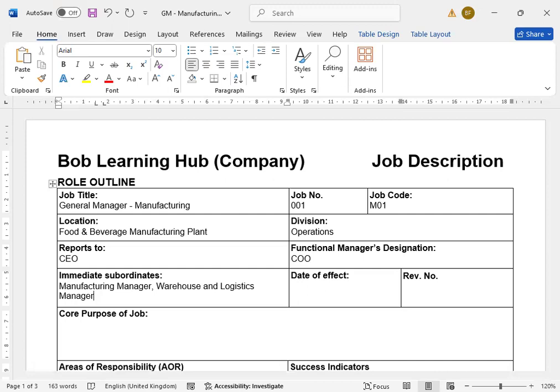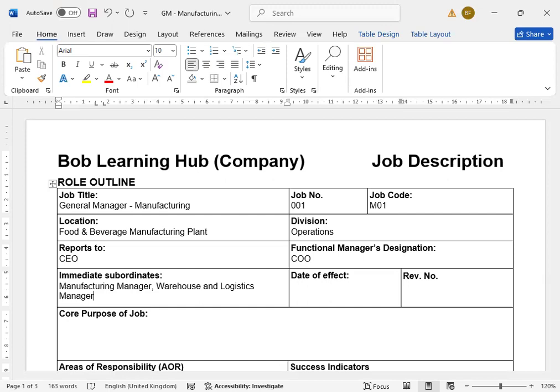So most likely the CEO or the COO will instruct the HR, the human resource department, to build a job description for the general manager role. And it is important as an HR manager or personnel manager or a training manager to learn how to build a job description for this role. So this will come in handy for you.